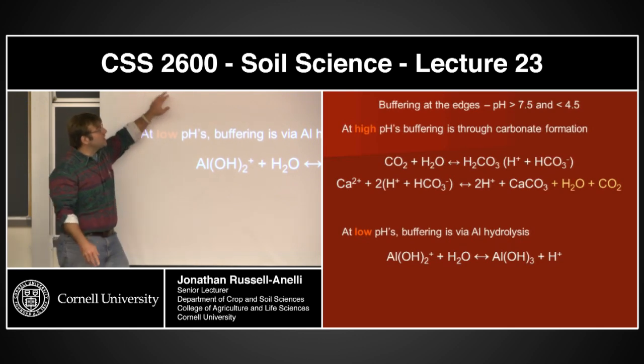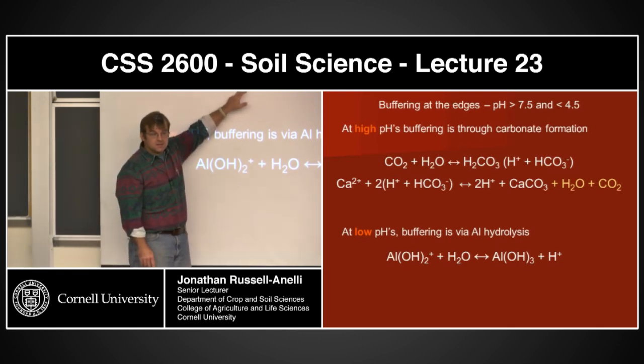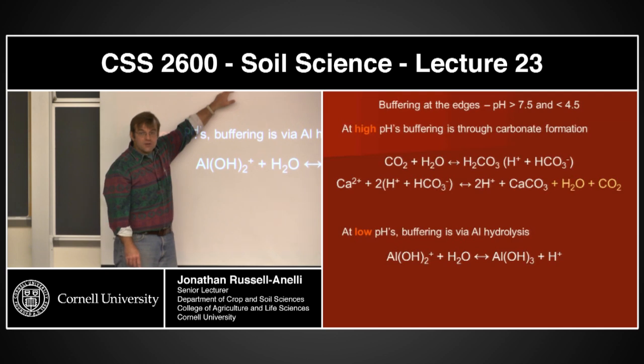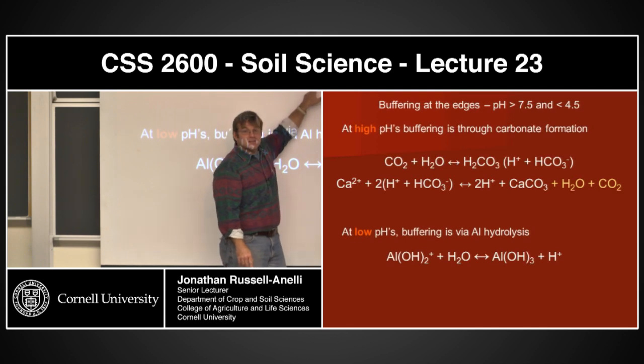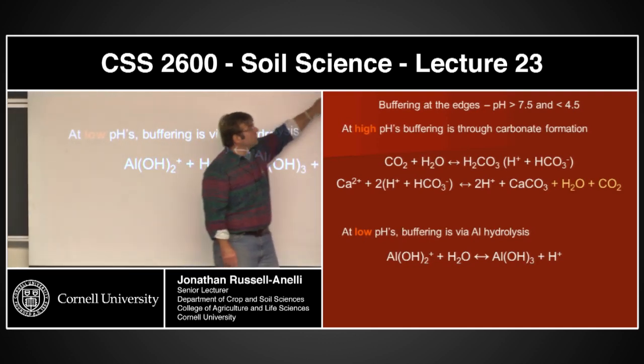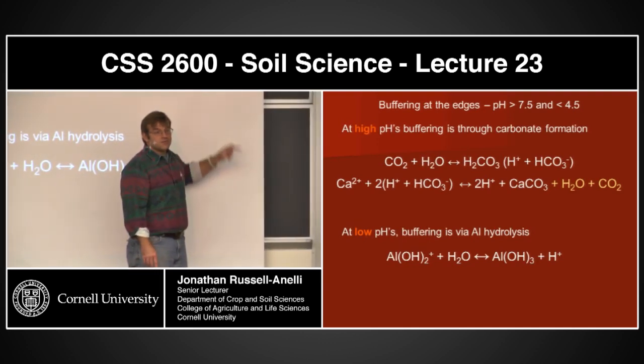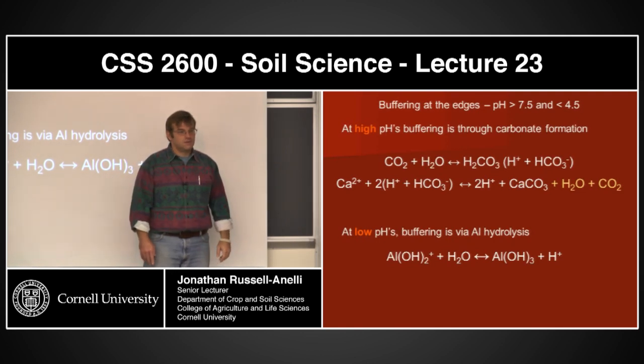This calcium will react with this carbonate base, and it will knock that proton off, in essence neutralizing the raising of the pH. Because it's going to make a calcium carbonate, and as a result, I'm going to get these 2 protons. Does that make sense? The byproduct of it is water and CO2. We started with water and CO2, and we end with water and CO2. Kind of? All right.